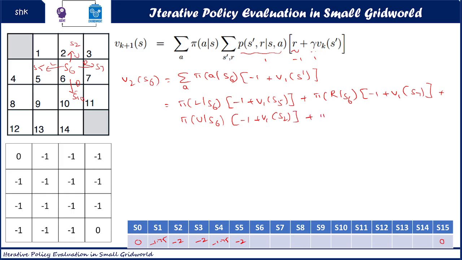So V1 of S2, plus pi of down action from S6 state.